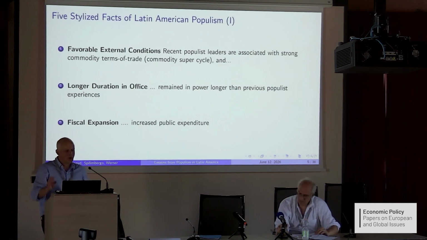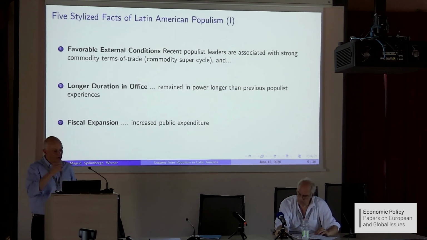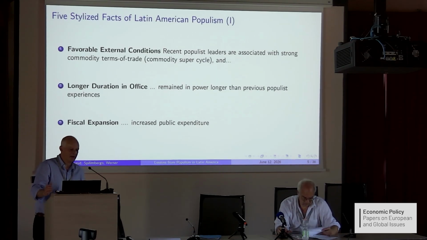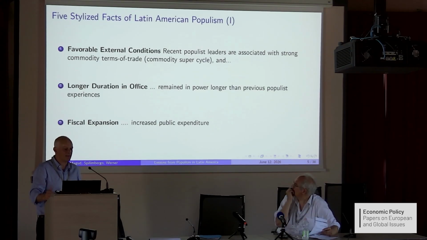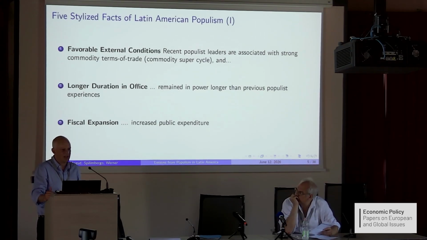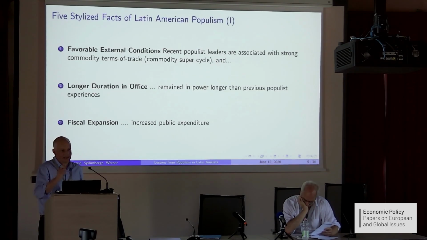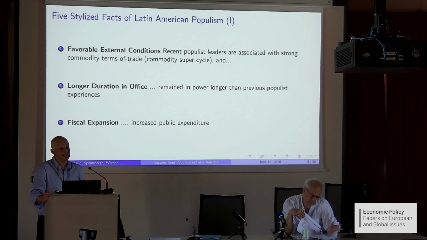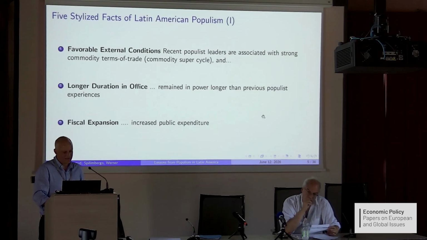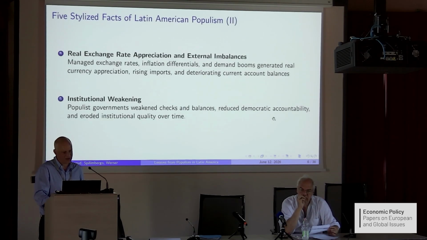Okay. So what are the stylized facts that Antonio is going to present and we test in the paper? Basically, the existence of these favorable external conditions supported these regimes and generated the stylized fact number 2, that is, helping these leaders to stay in power for a significant period of time on the back of huge fiscal expansions.